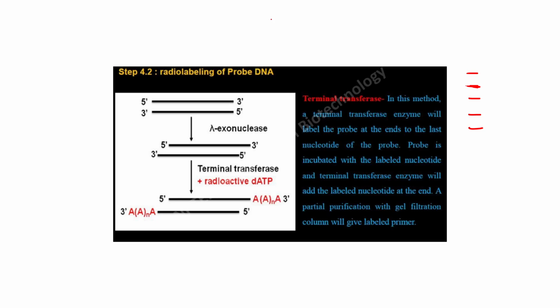DNA is transcribed into mRNA, and mRNA is translated into protein inside a cell, right? So if I want to see the expression level of a particular gene, I will see how much mRNA is being produced inside the cell. For that, I'll extract the total mRNA, separate it based on size, and then use a complementary DNA sequence to this mRNA.